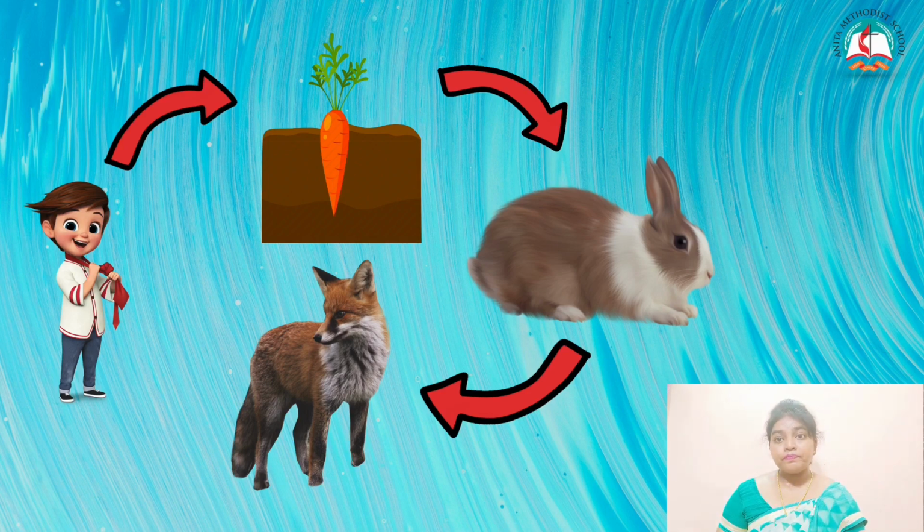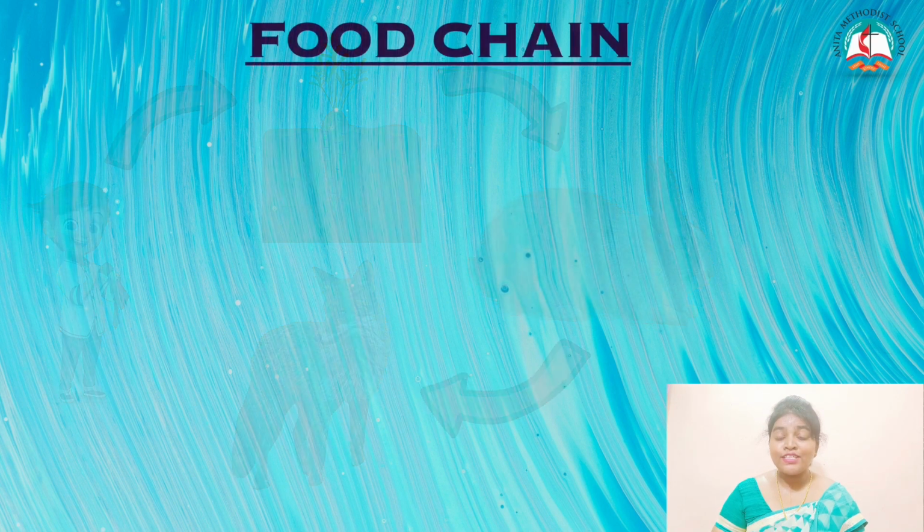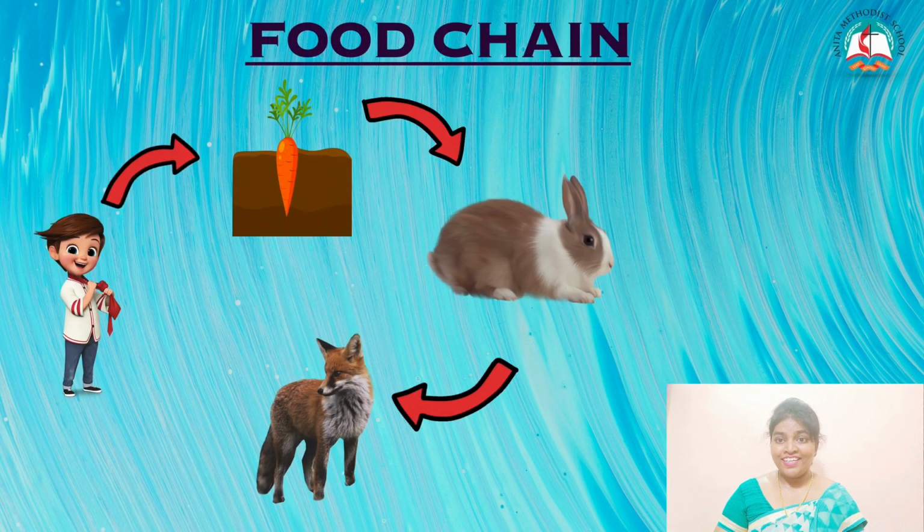And the fox will hunt the rabbit. After the fox dies, it gets buried and it gives nutrients to the soil, and then the plant will grow with the help of it. It will absorb those nutrients, right? So it's like a cycle, and this cycle is called a food chain, right?